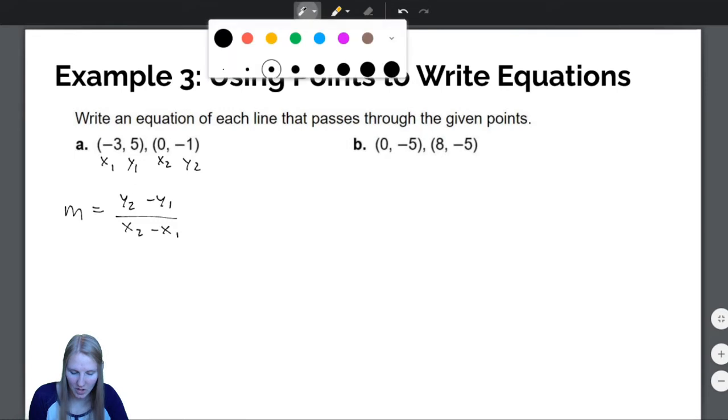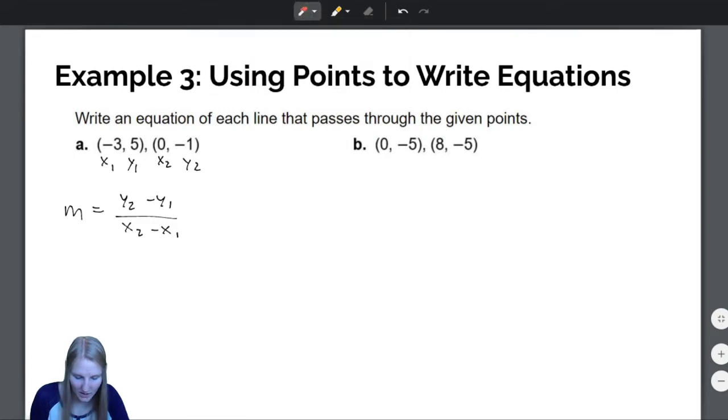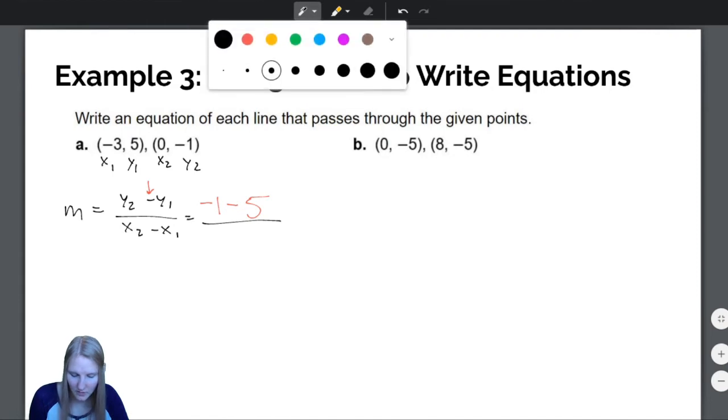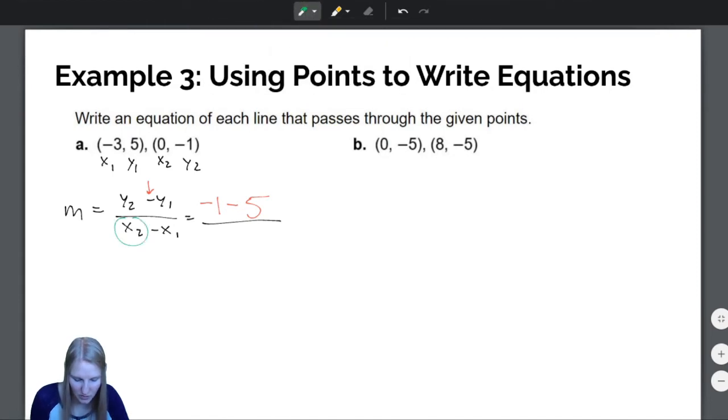Okay, so we have y2 negative 1 minus y1, which is 5, divided by x2 is 0 minus x1 is negative 3. All right, clean that up a little bit.